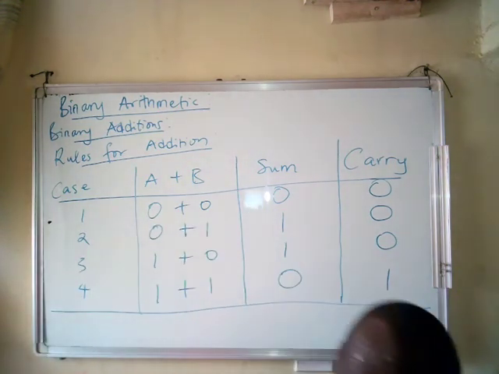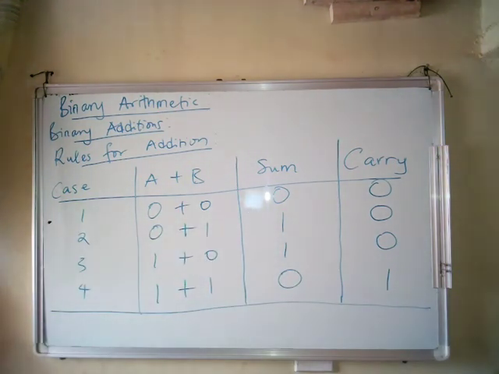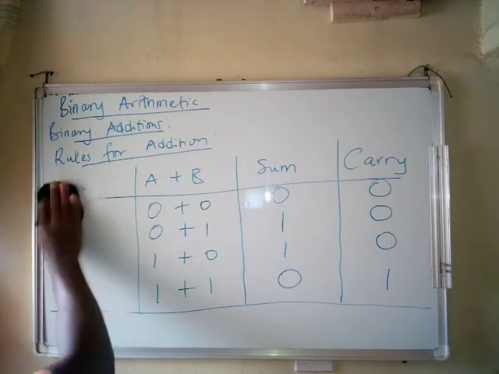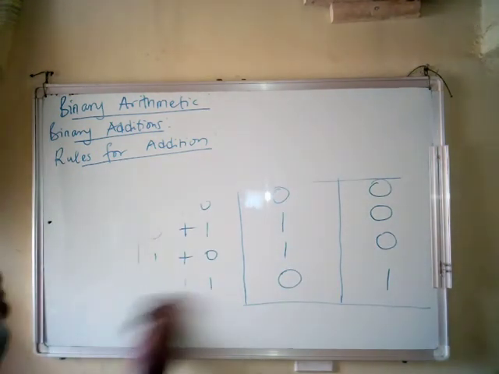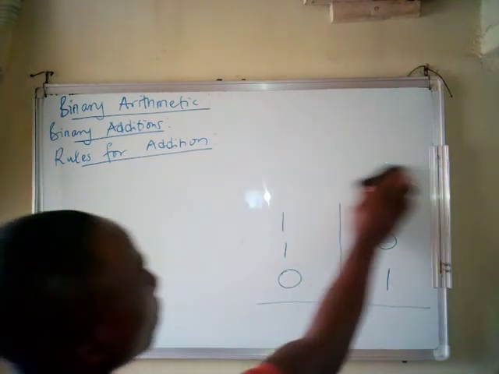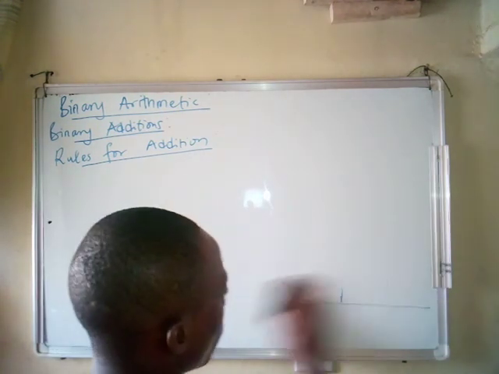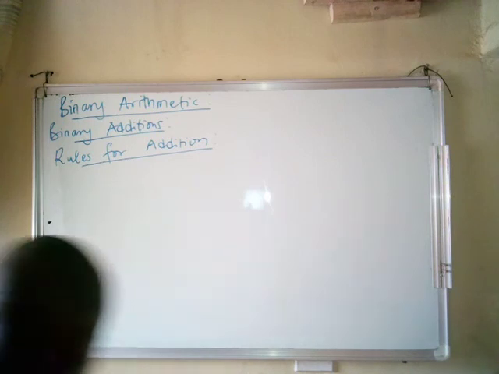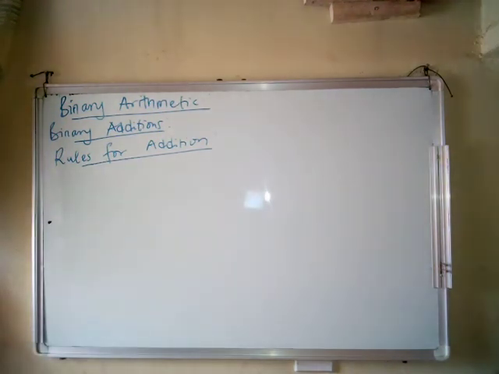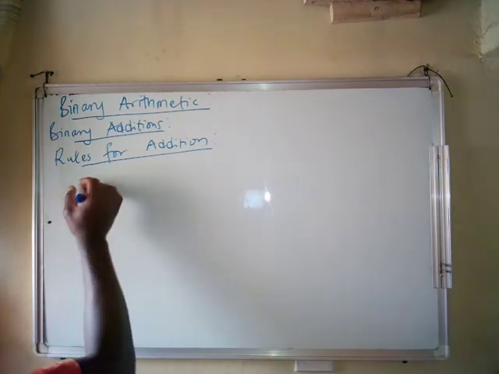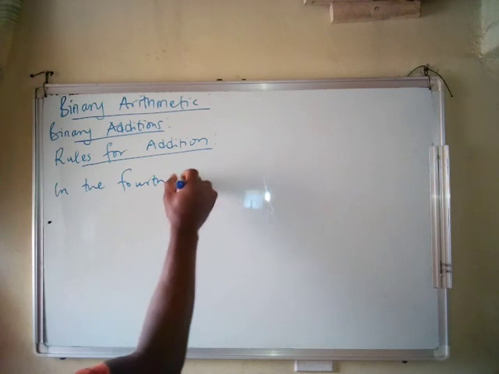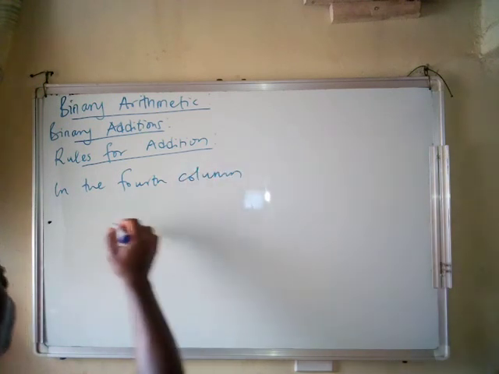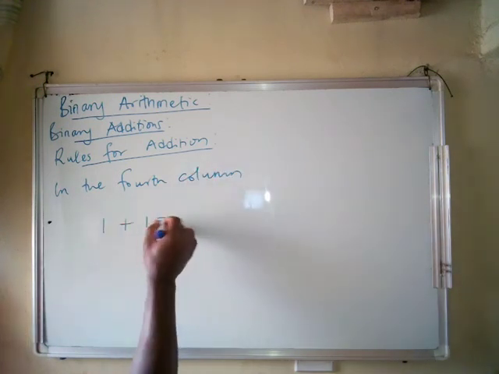So these are the rules. In the fourth column, where you have 1 plus 1, what will it give you?